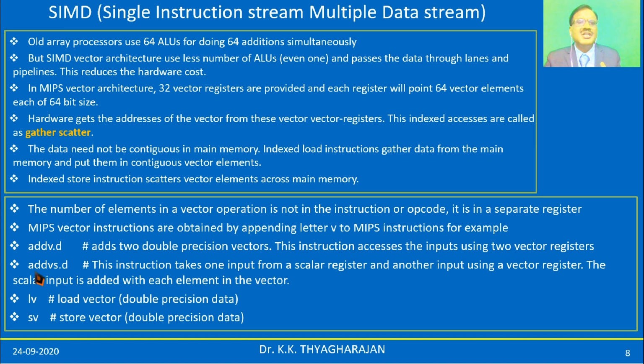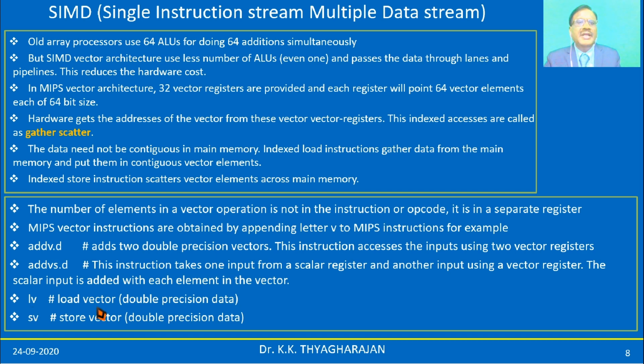You see this instruction, ADDVS.D. V indicates that there is a vector and S indicates that there is a scalar. So how do you add a vector and a scalar? The scalar value will be added with each element in the vector. Similarly, you see this one, load vector.